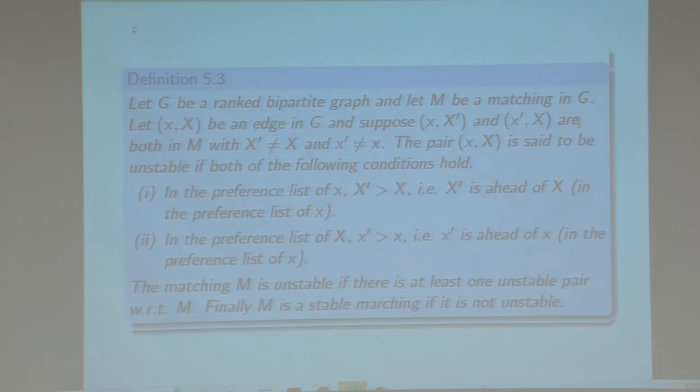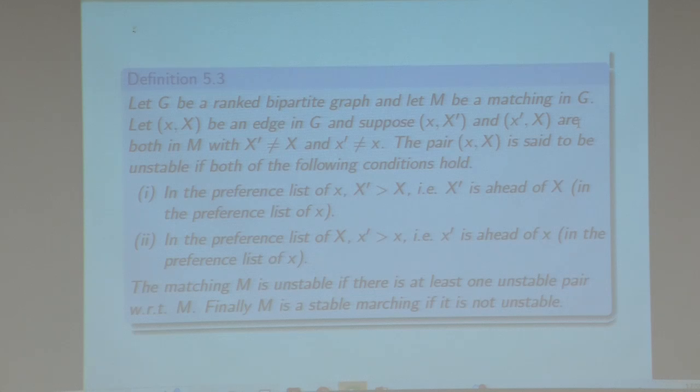Lack of instability is stability. That is exactly the definition of stability here. So stable matching means a matching that does not have unstable pairs at all.